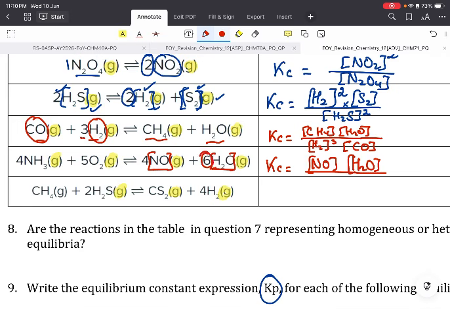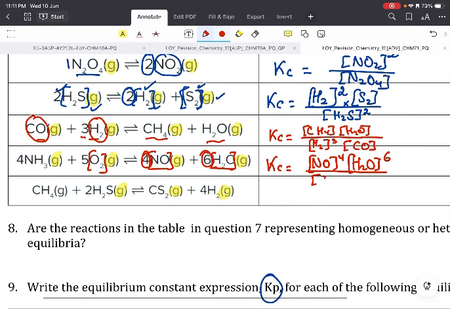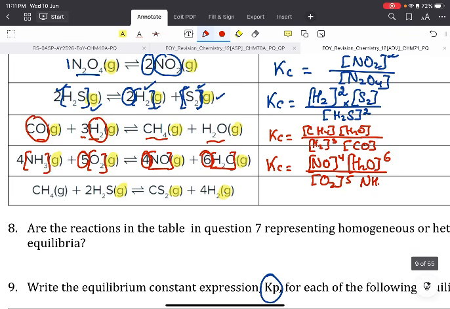Now H2O, I have 6 H2O, so I'm gonna write it as a power, and I have 4 NO, I'm gonna write it as a power. Again, the O2, a reactant, will be in the denominator, the 5 will be as a power, and NH3 will be over here, and 4 as a power.